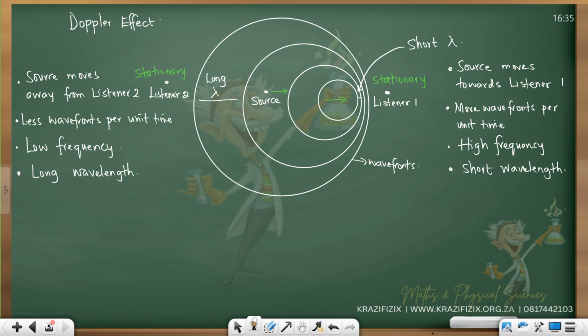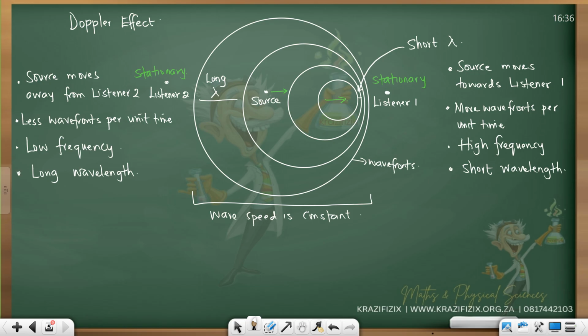Again, to let you know, all of this is because the wave speed is constant. So the waves are not going to travel faster. They are going to travel at their own pace. So listener 2 would hear chung, chung, but listener 1 chung, chung, chung, chung, chung.